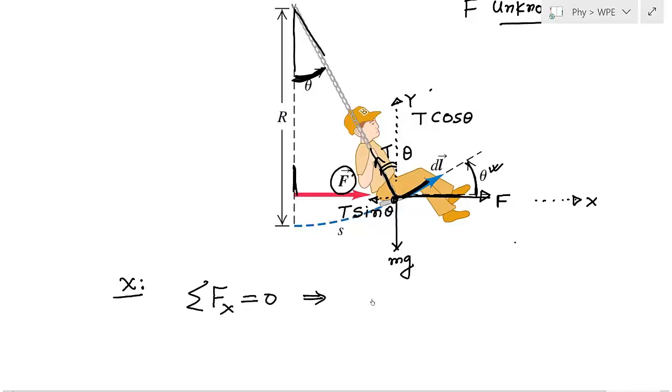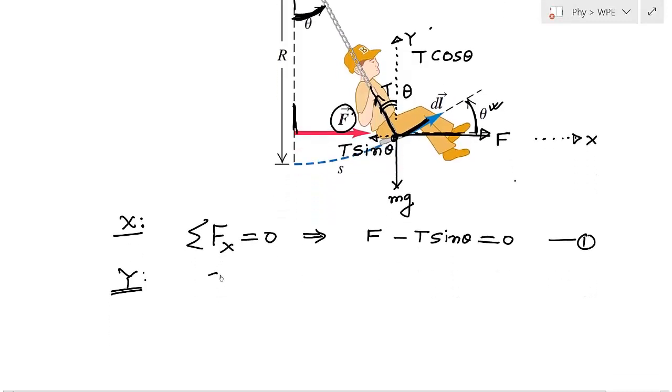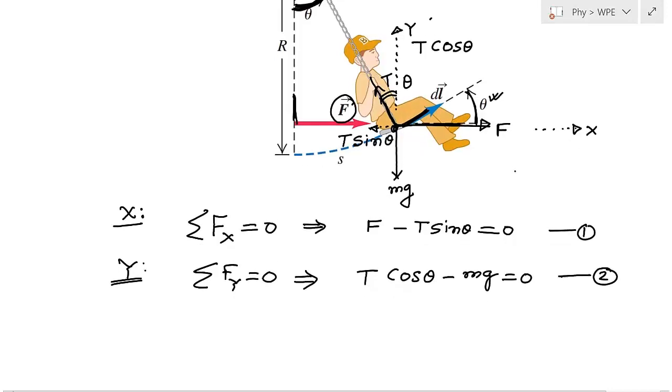So from there I can write F minus T sin theta is equal to 0. So this is my equation 1. Similarly, I can write the equation in the y direction. That is, summation of forces in the y direction is 0. This means in the y direction I have T cos theta minus mg is equal to 0. So this is my equation 2.